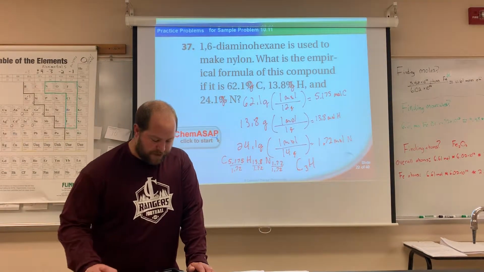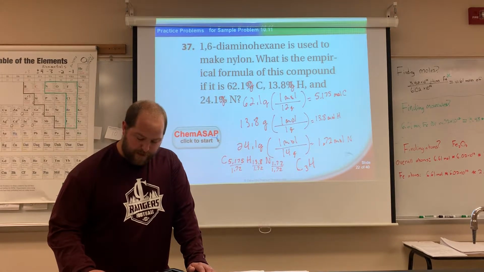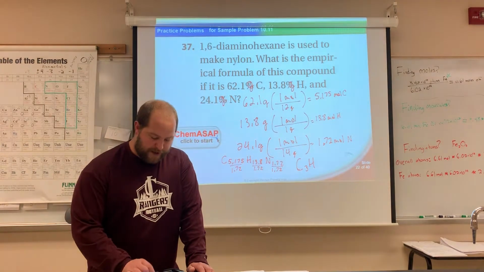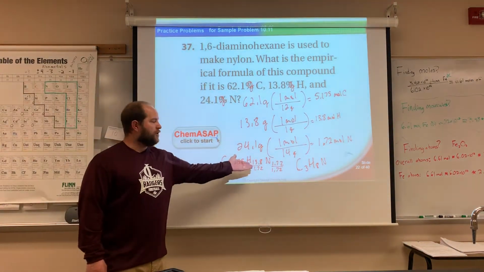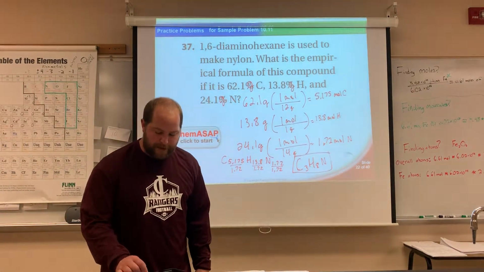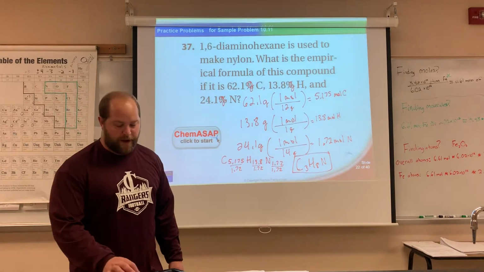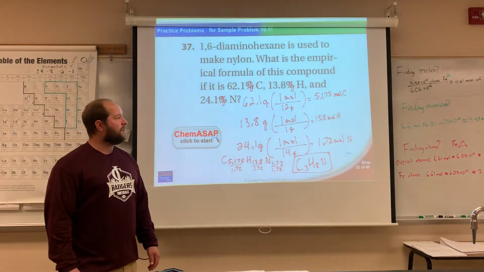For the hydrogen, 13.8 divided by 1.72, I get 8. And then for the nitrogen, you should get 1. So there would be the empirical formula of that compound. I'll stop, let you guys finish writing that in.